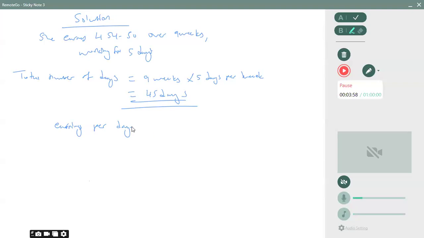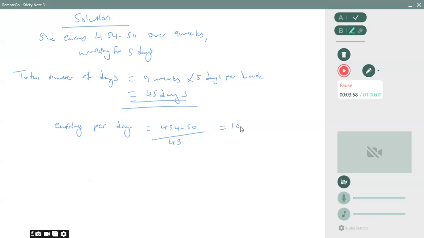Remember, she earned 454.50. Now, what are you going to do next? We are going to divide by the total number of days. How much does it give us? A volunteer with a calculator. 10.1.